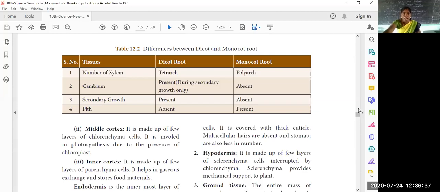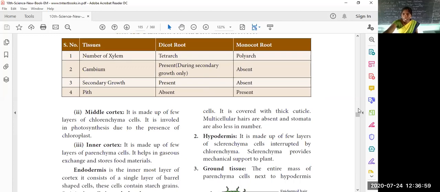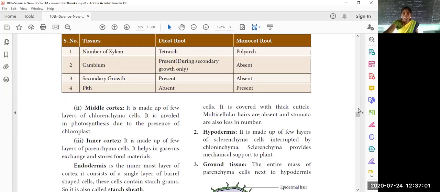Cambium is present in the dicot root only in the secondary growth, not in the primary growth. In monocot root, the cambium is absent. Secondary growth is present in dicot root, whereas in monocot root it is absent. Pith is absent in the dicot root and present in the monocot root.